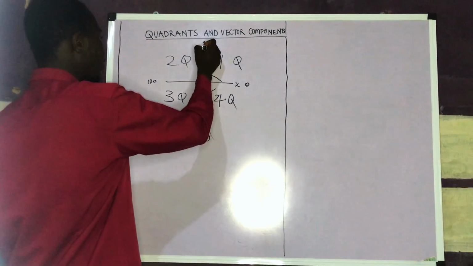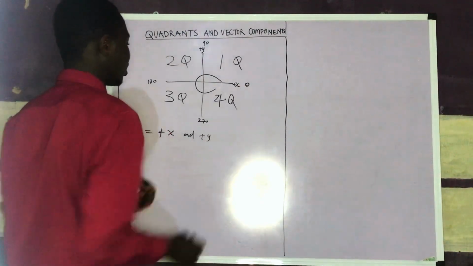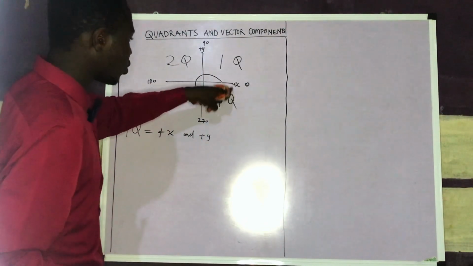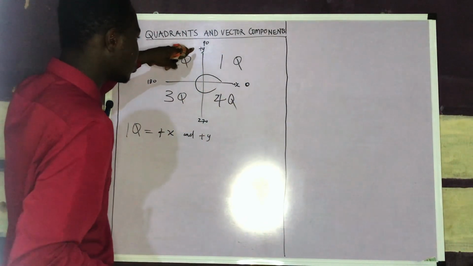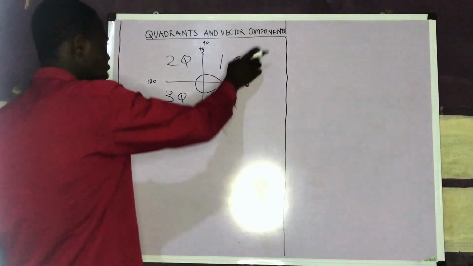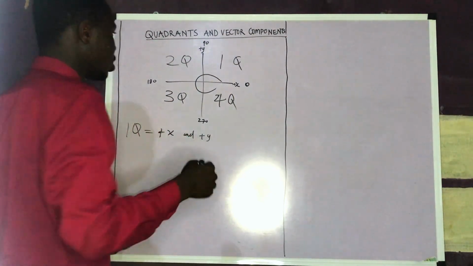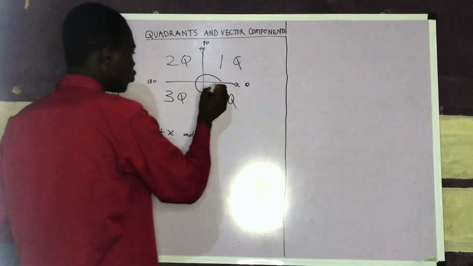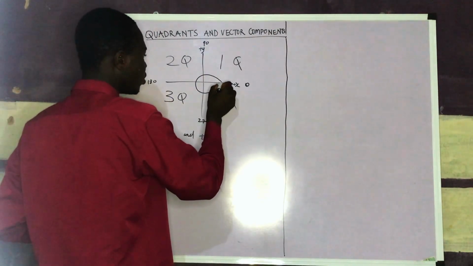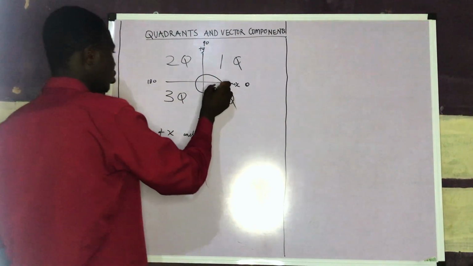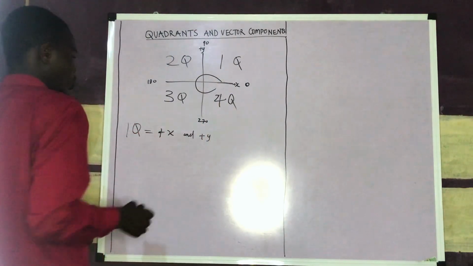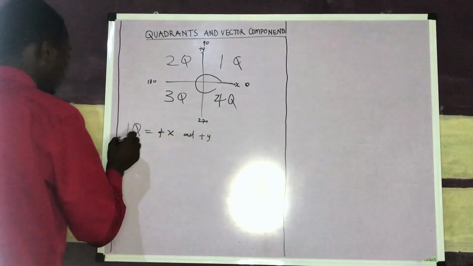So if you have a vector that lies in this quadrant, positive x and positive y, that means your quadrant falls in this place, which is 90, right? And if you want to measure it, you measure it from the positive x-axis anti-clockwise. That's for the first quadrant.